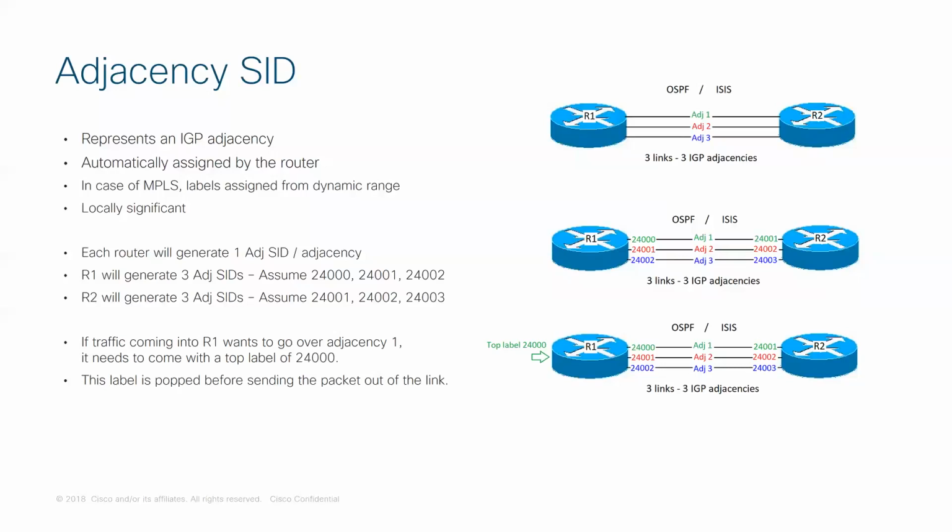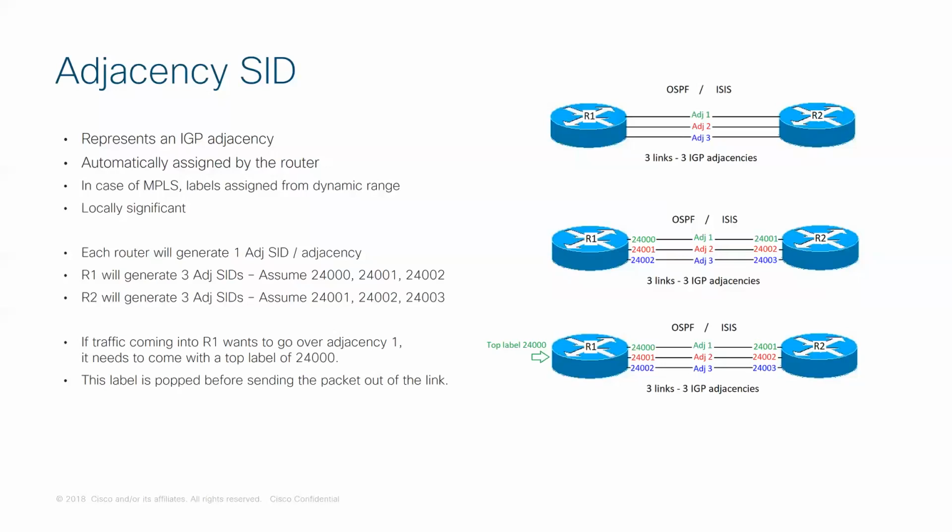So it knows that the path I want my packet to take is to go over the top link between R1 and R2. So send it to R1, and when the packet is going to R1, ensure that the top label is 24,000. We will see that example, how exactly end-to-end traffic flow happens.